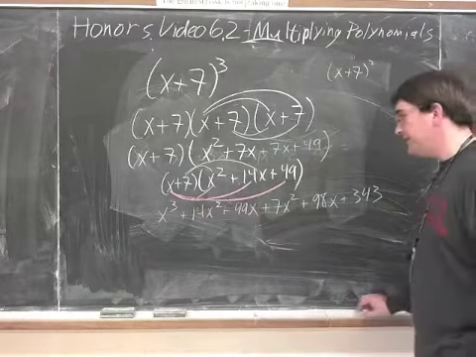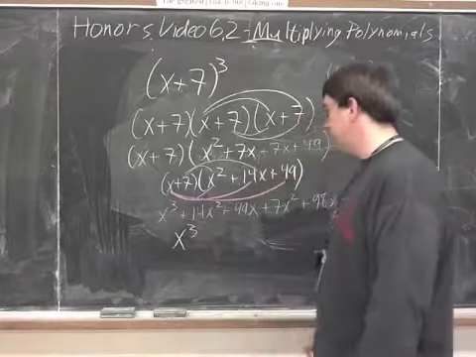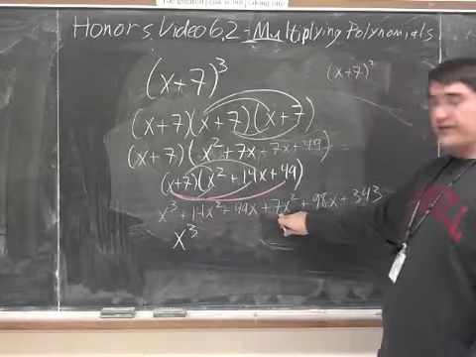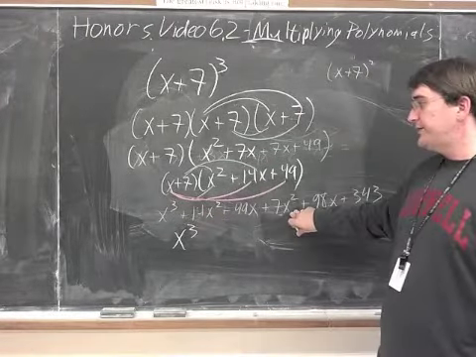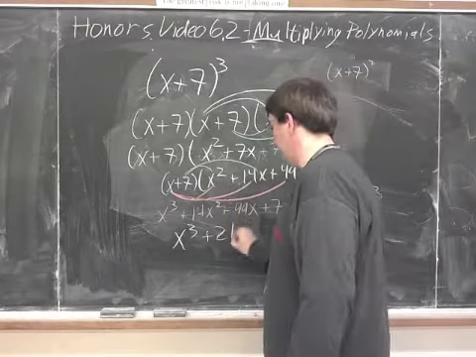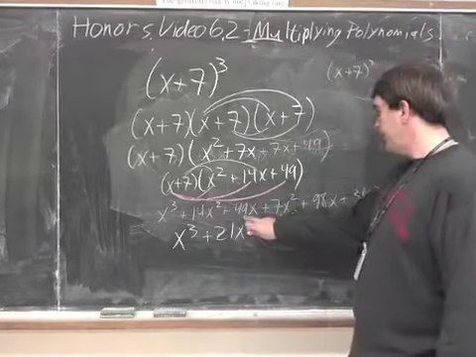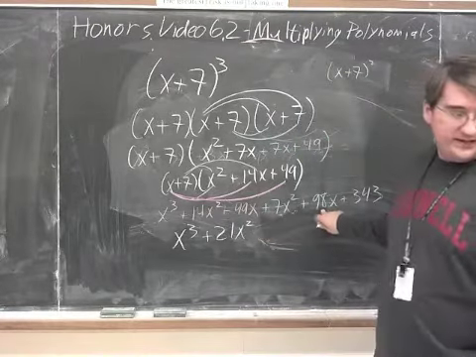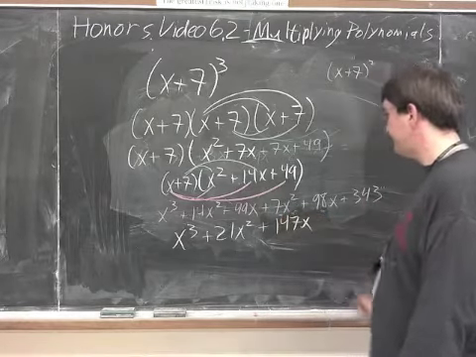And now I can combine like terms. x cubed doesn't combine with anything. That's just x cubed. 14x squared plus 7x squared is equal to 21x squared. I have this written down, I don't want to mess it up. 21x squared. 49x plus 98x, that's 147x.